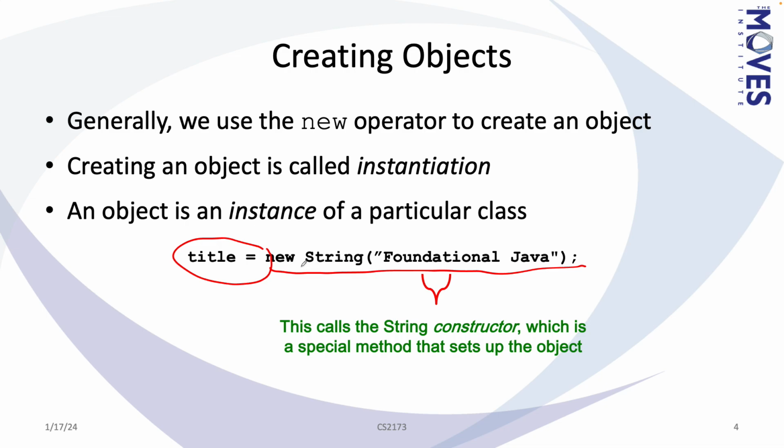What this does is call something called a constructor. And what the constructor does is it constructs the object, hence the name. Every class has at least one constructor. Now that was actually something a little different in Java. In languages like C++, you don't have to have a constructor. It turns out that if you don't, then all kinds of weird stuff happens. And so Java said, you have to have a constructor.